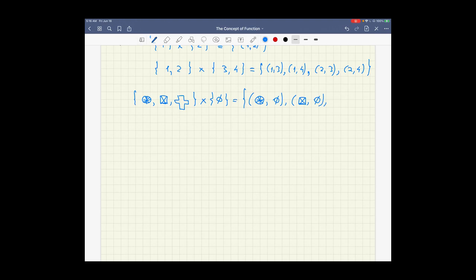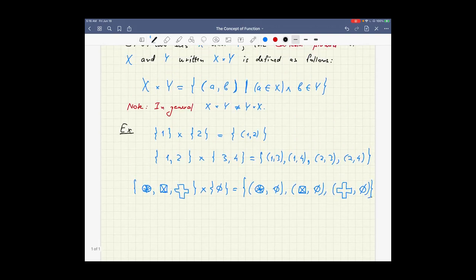And yet another pair will be cross, comma, the empty set. That is the concept of Cartesian product.